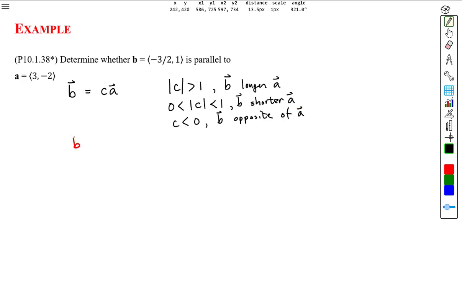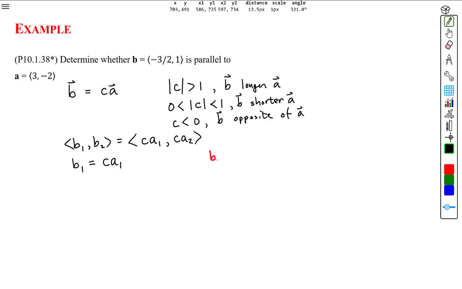Now, if we were to expand this out, that would correspond to vector B having components B1, B2 equal to C times the x component of vector A and C times the y component of vector A. So what this gives us is really two equations that we are going to have to check. The x component of vector B has to be equal to the scalar multiple of the x component of vector A.